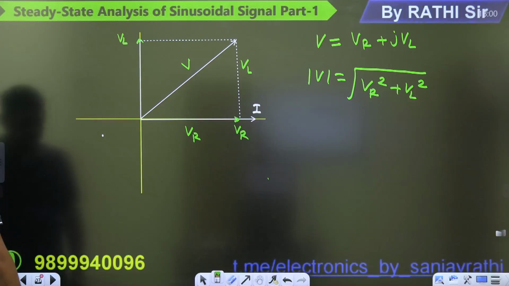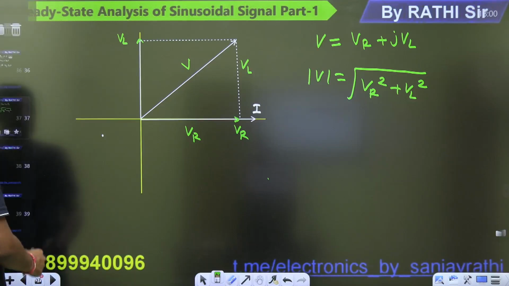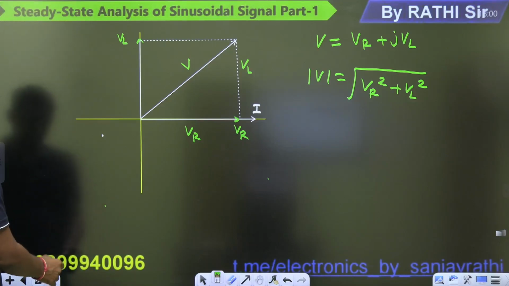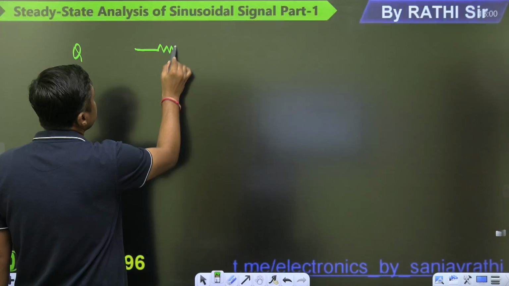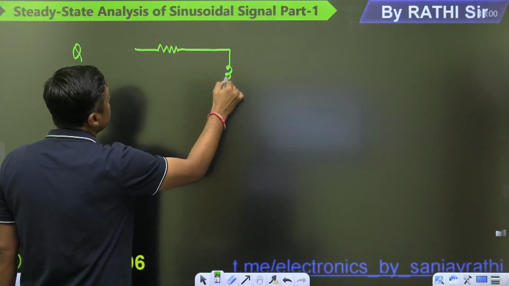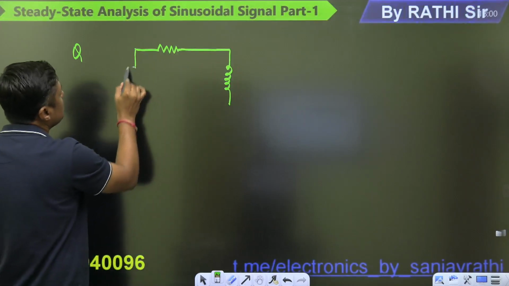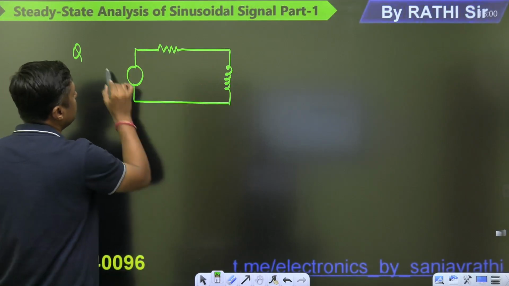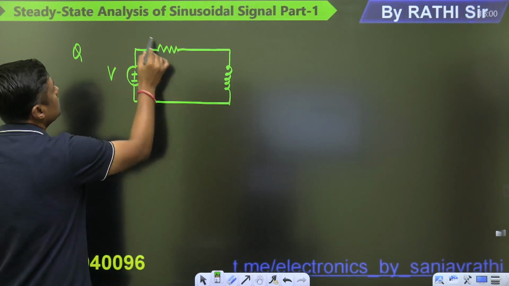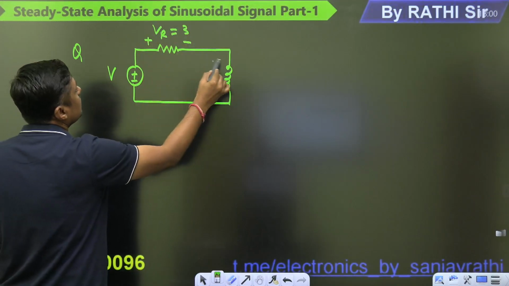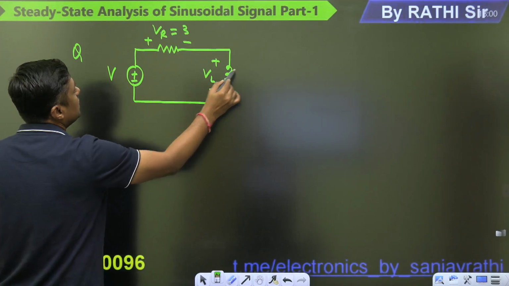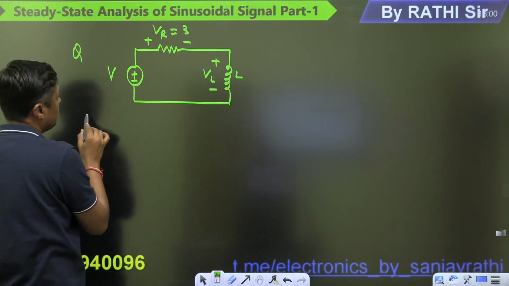Always remember, suppose I am giving you a question. If any circuit is given, this is the applied voltage V. The voltage across VR is given as 3. Voltage across VL is given as 4.